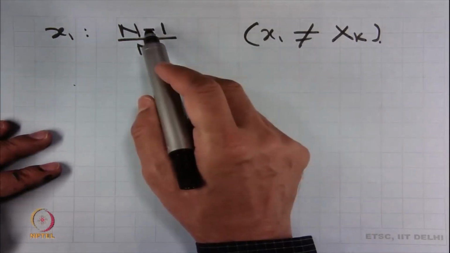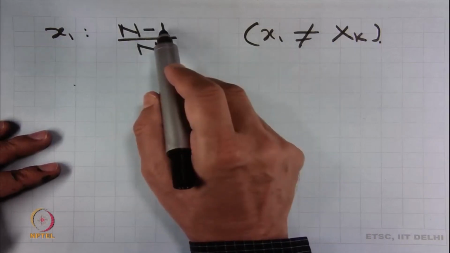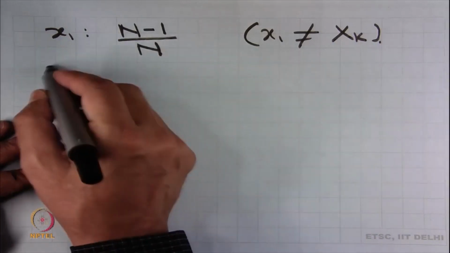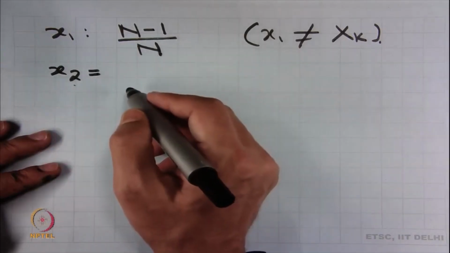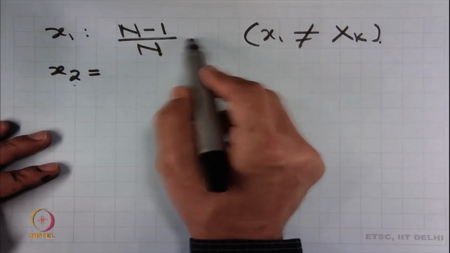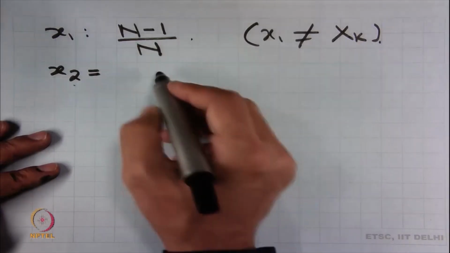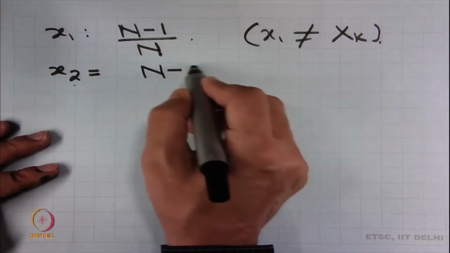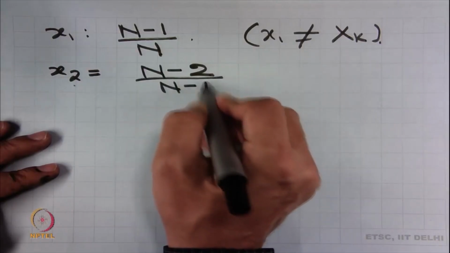At the first instance, I can select any of the remaining n minus 1 of them. In the second instance, I will choose one from among the remaining n minus 1, but not k, and that probability is n minus 2 upon n minus 1.